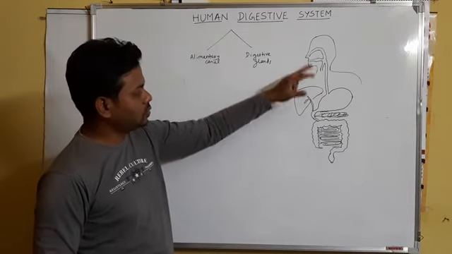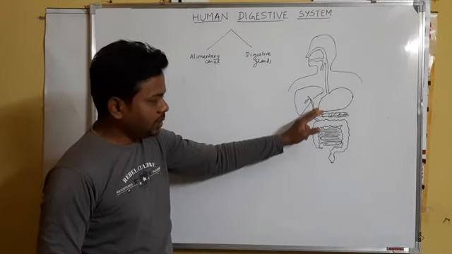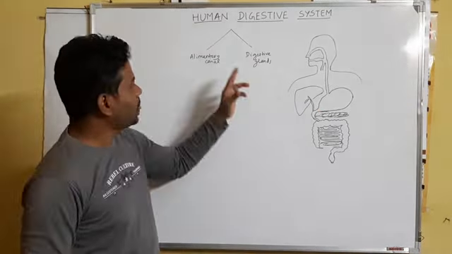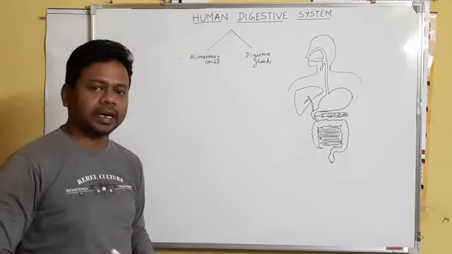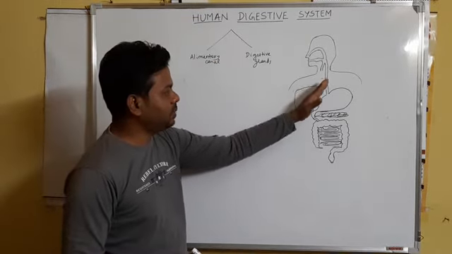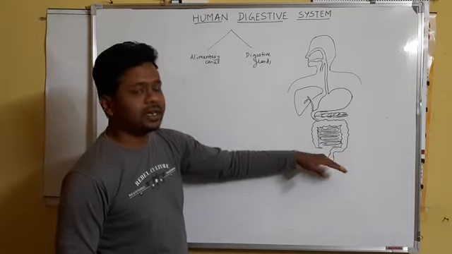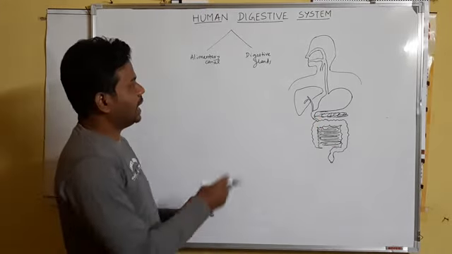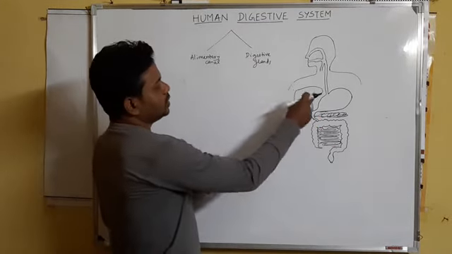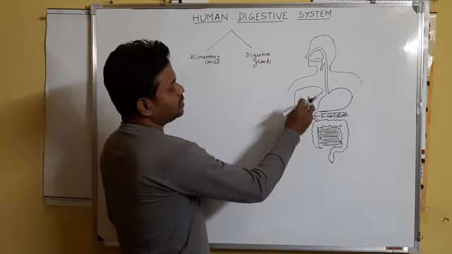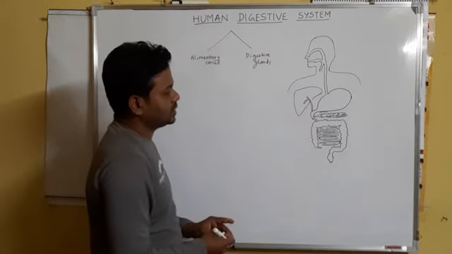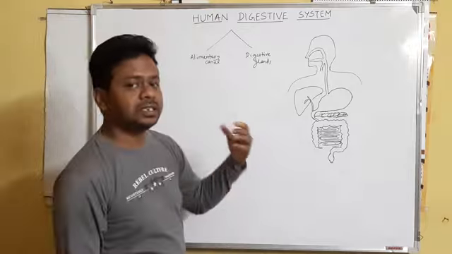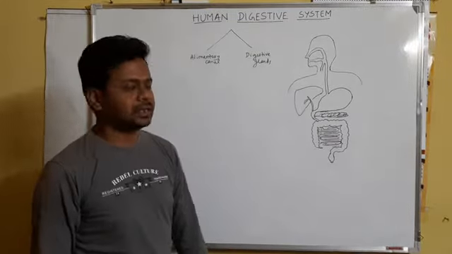So from mouth to anus, a long pipe is present in our body, which is known as alimentary canal. The different parts of the alimentary canal are named differently, and digestive glands are there. Along with this alimentary canal, some glands are also present, which give some digestive juice which helps in digestion.